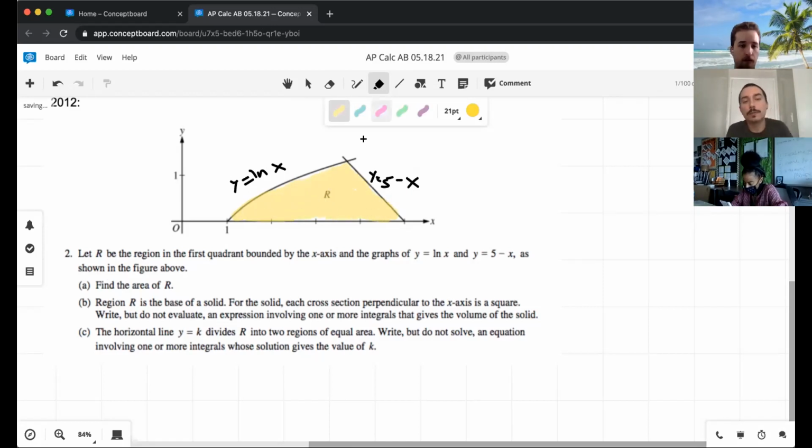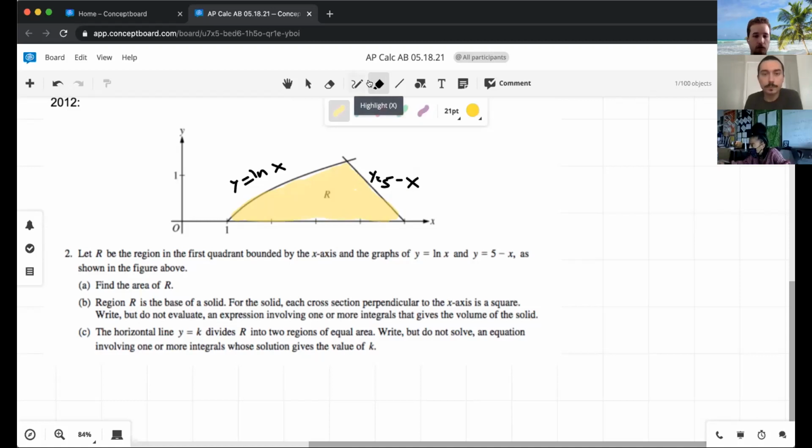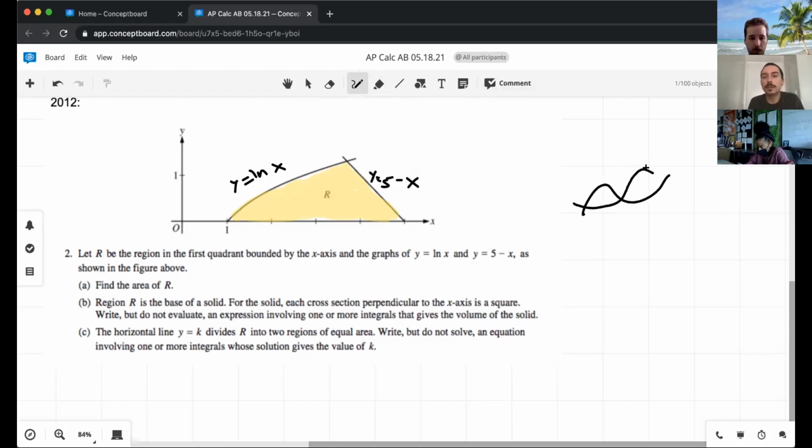As we saw from Mr. Bay's example, when you were subtracting the two functions and one's over here and one's over here, we needed to know this point, because we didn't know which one was on top. We need to know how to delineate when one's on top and when the other's on top. This is kind of the same thing, so we need to know this point of intersection here.